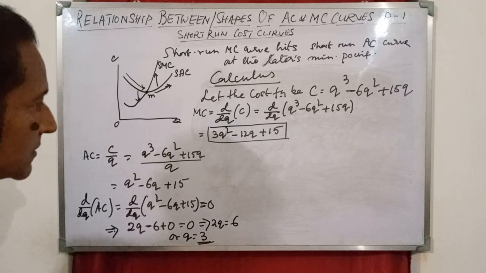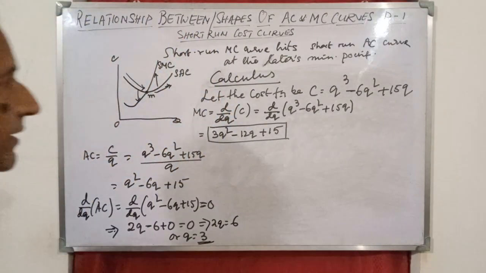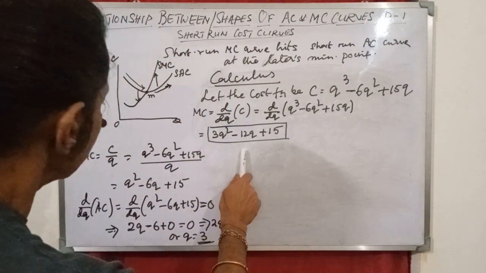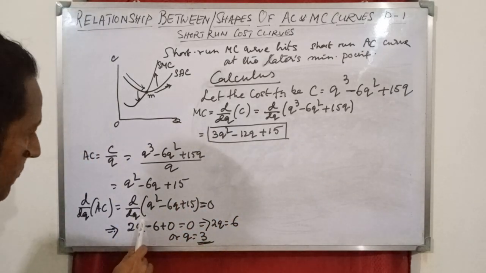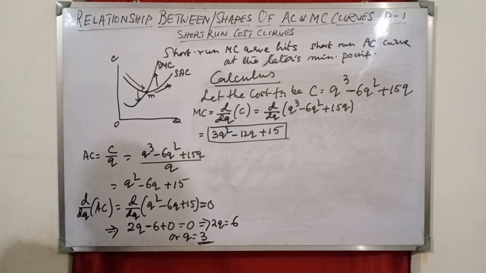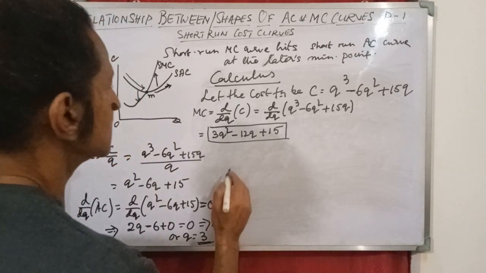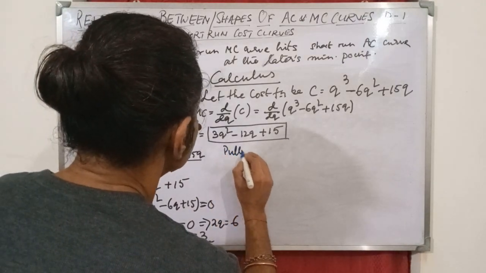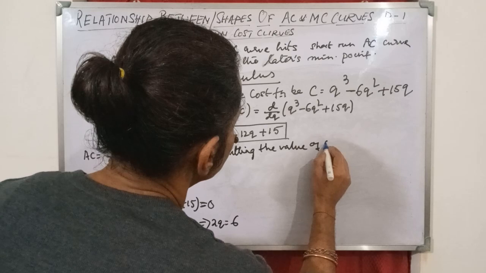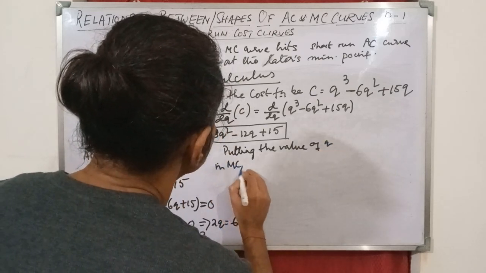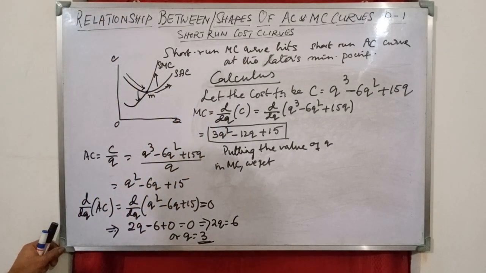Now what will we do now? We shall put the value of Q in the equation of marginal cost and in the average cost function. So putting the value of Q in MC, we get what we get by putting the value of Q in marginal cost.